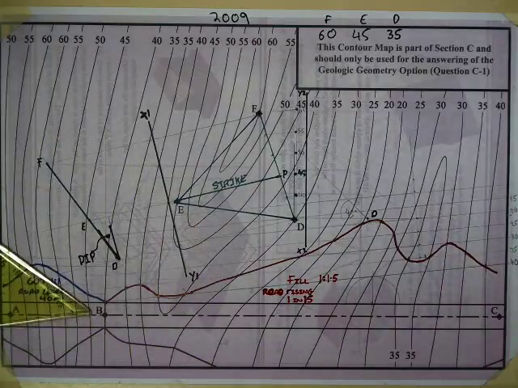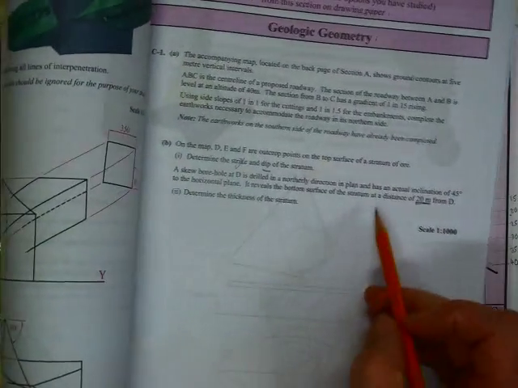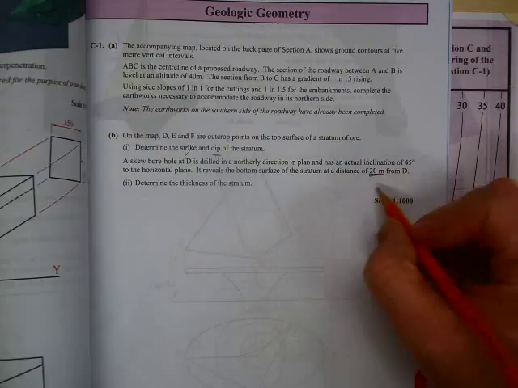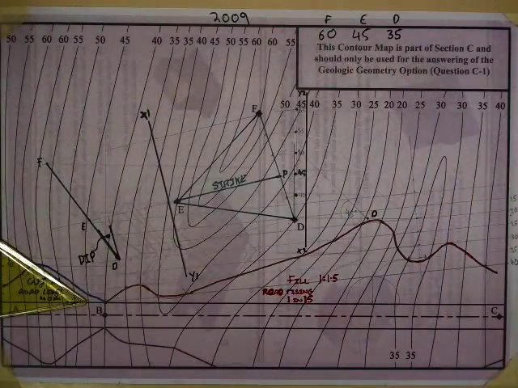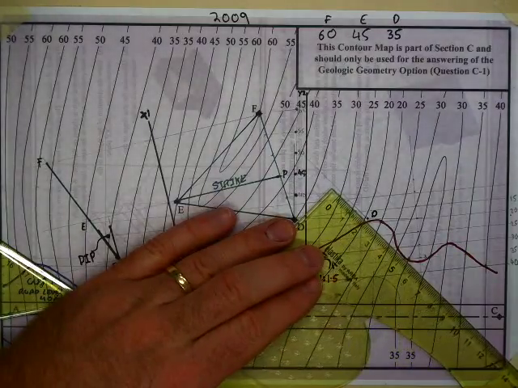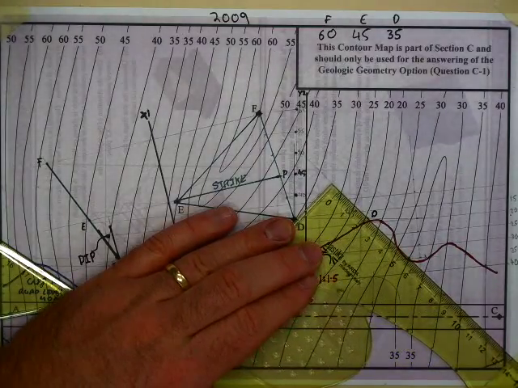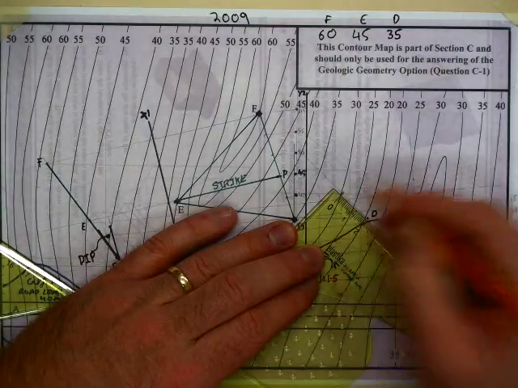Now, we're told then that the bottom surface of the stratum of ore is how far from D in the question? 20 meters. Now, if it's 20 meters, what will it be on this sheet? 20 millimeters because of the scale. So what I do is I come 20 down from D and I mark a point here.